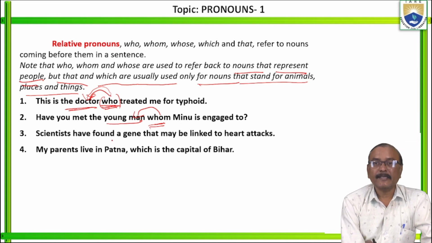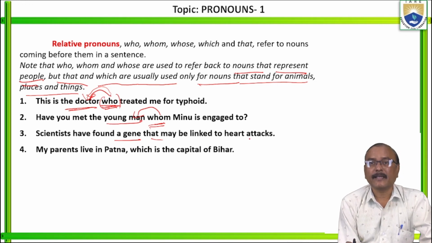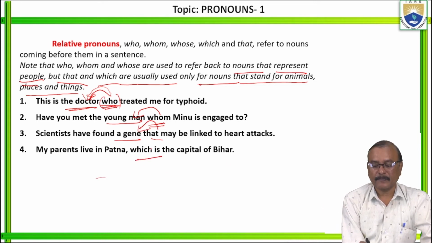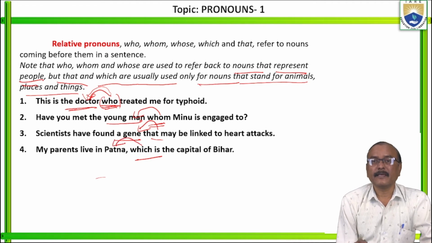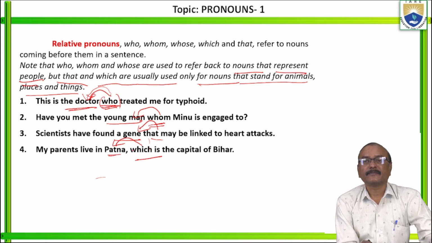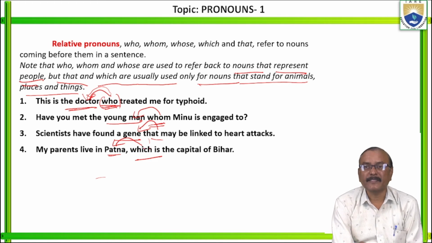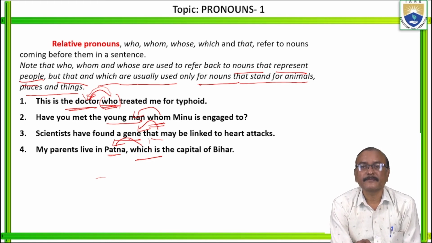Right? Scientists have found a gene that may be linked to heart attacks. So that represents this gene. My parents live in Patna, which is the capital of Bihar. This which is related to Patna. So this is called a relative pronoun, which represents places, animals, or things.